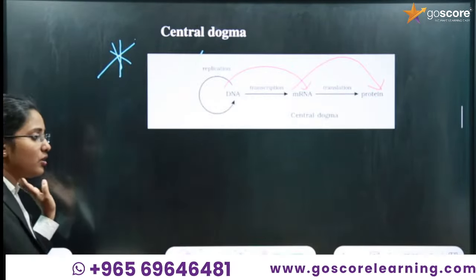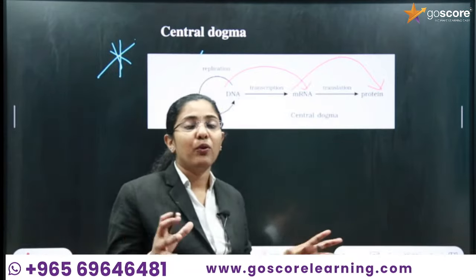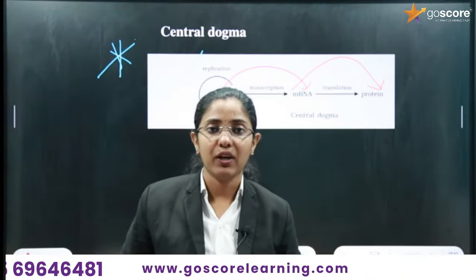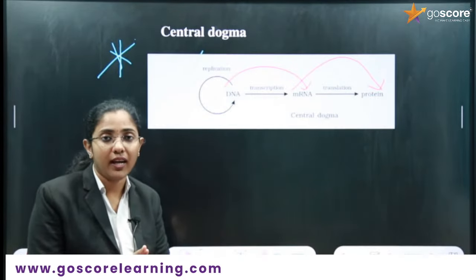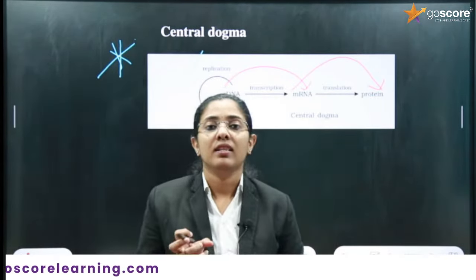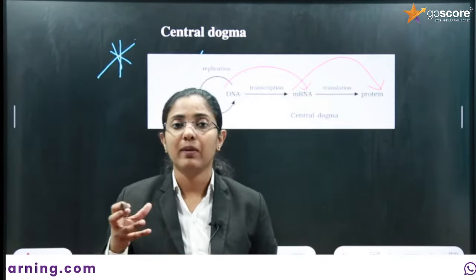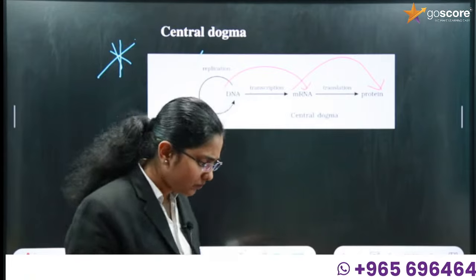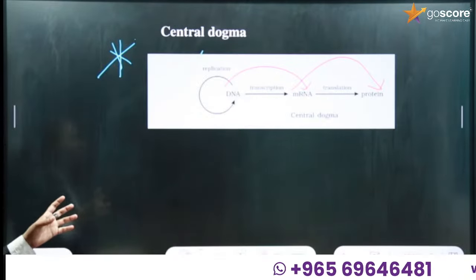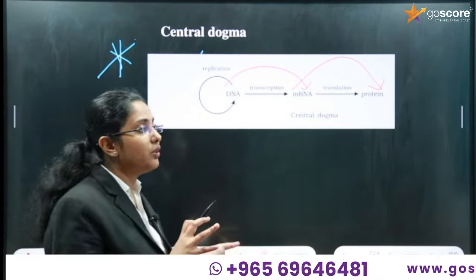Fine, so let's see this DNA. You have studied the polynucleotide. You have studied how two different polynucleotides will be attached, right? Adenine will be pairing with thymine. Thymine will be pairing with adenine. Guanine will be pairing with cytosine. Cytosine will be pairing with guanine, not thymine.